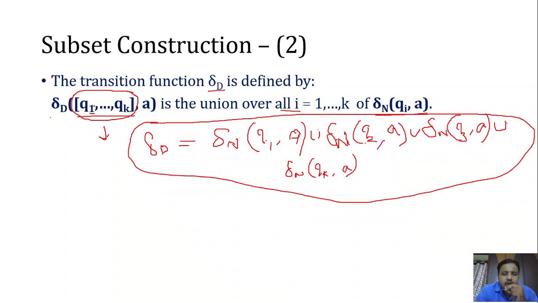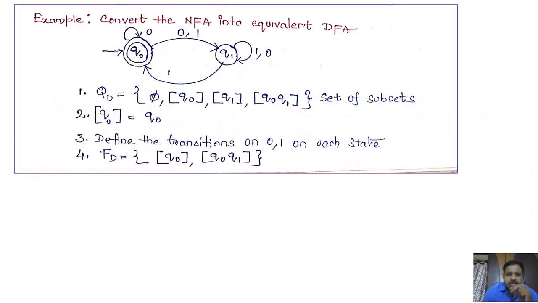So delta d of q1 comma so on qk comma a is the union over all i equal to 1 to k of delta n of qi comma a. So you have to perform the transition. We have to find the transition from the NFA from states q1 or q2 or qk on input symbol a. If we are having multiple states, we have to union all of them. Just try to practice this problem here.